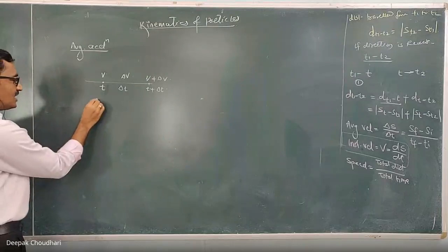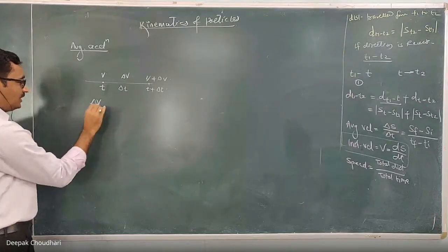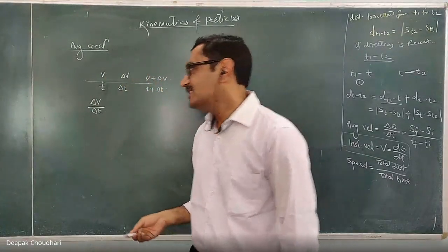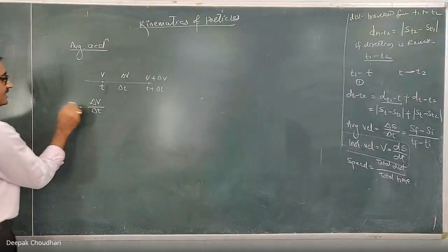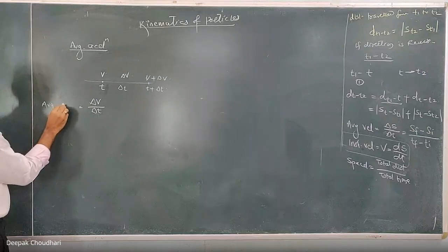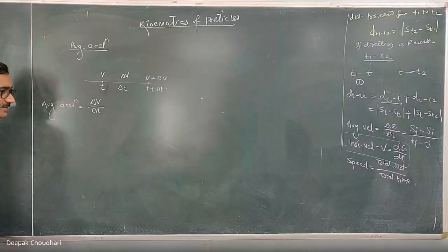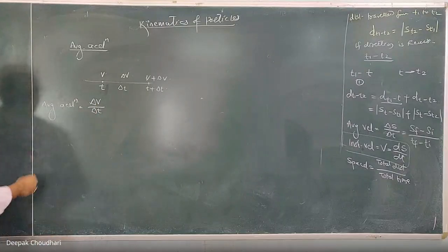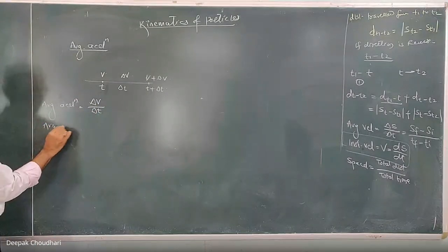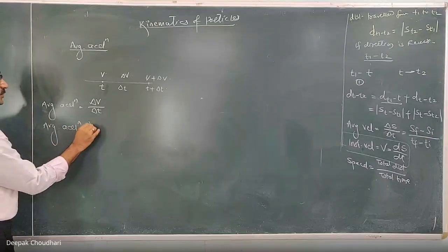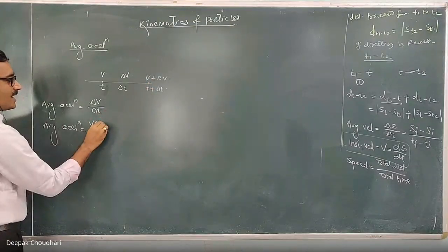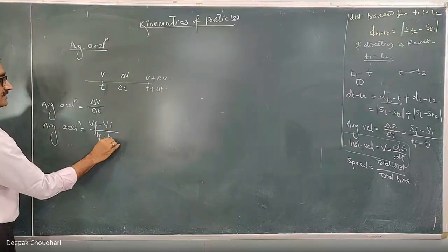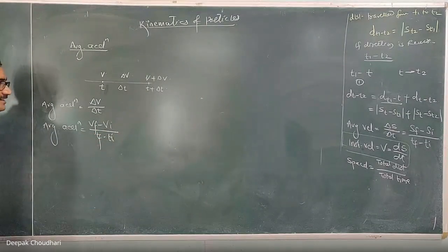This change in velocity per unit time, the change in velocity upon the change in time, gives you the average acceleration. So average acceleration equals the change in velocity upon change in time, or the final velocity minus initial velocity upon final time minus initial time.